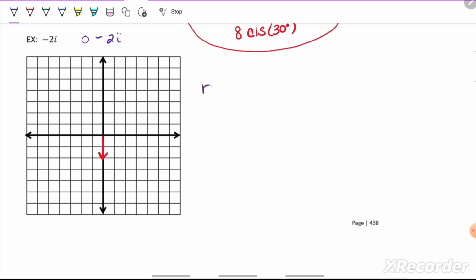We'll find our r value. It's going to be the square root of 0 squared plus negative 2 squared. The square root of 4, which is 2.